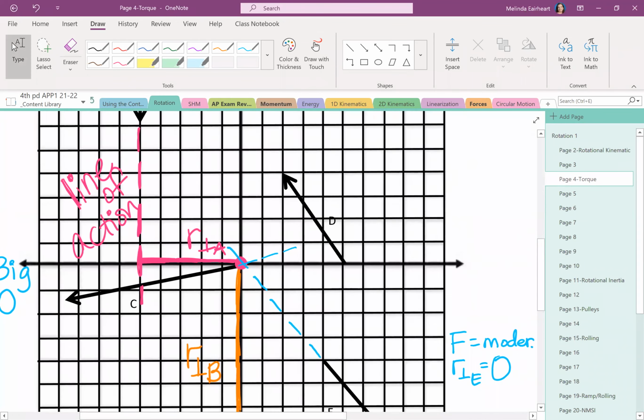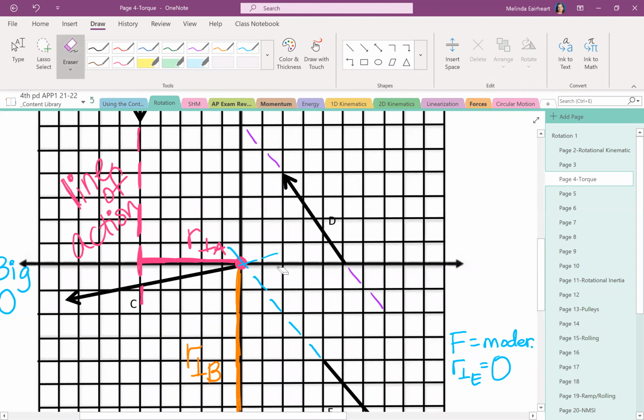D is going to feel a little different. And FYI, we're going to end up doing geometry, similar triangles. So angles are going to be here, but similar triangles will save us. And so D is this northwest vector. So if I extend line of action, I really don't need to, because can I go ahead and draw a perpendicular distance from the axis of rotation to the line of action?